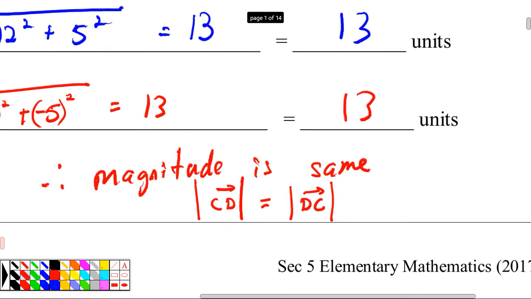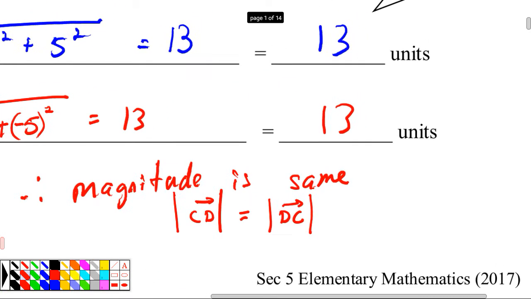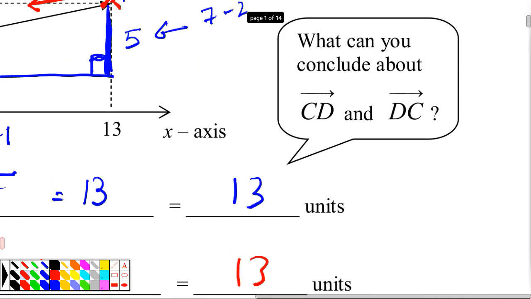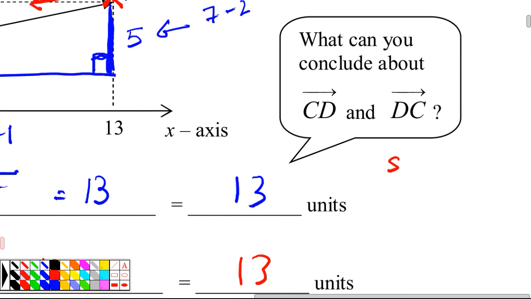Okay? Answer the bubble. What can you conclude about CD and DC? Same magnitude. What else? Are they the same vector? Okay, don't use the word same.